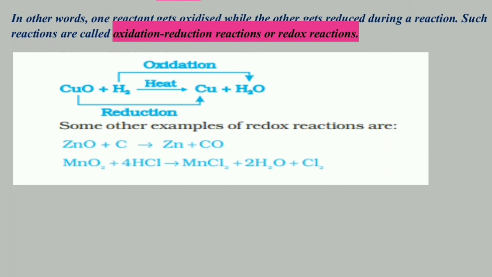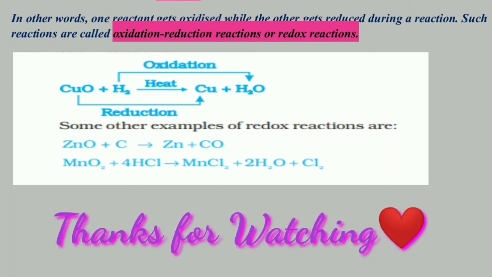So the reaction will be ZnO plus C, which makes Zn plus CO. Similarly, there is one more reaction, MnO2 plus 4HCl, which makes MnCl2 plus 2H2O plus Cl2. Here also Mn is reduced by losing oxygen and hydrogen gets oxidized. So these are the types of reactions.